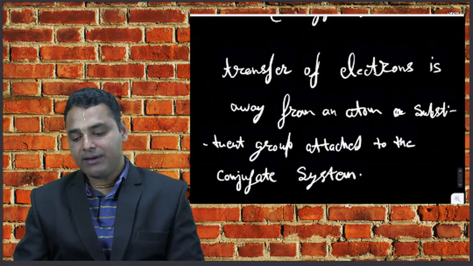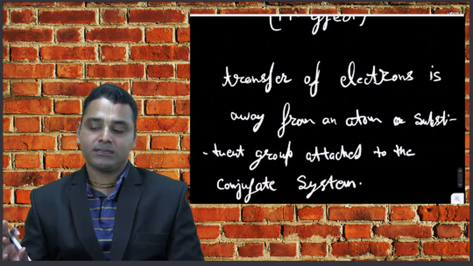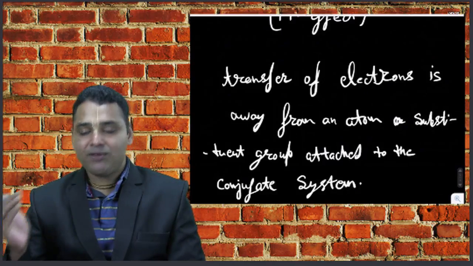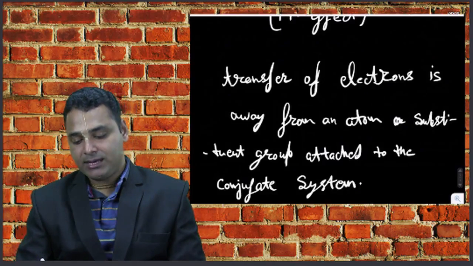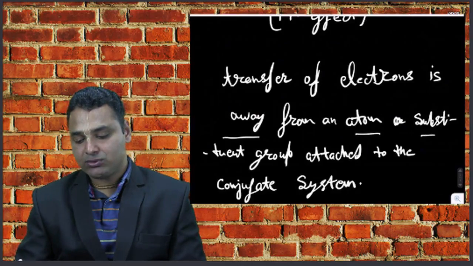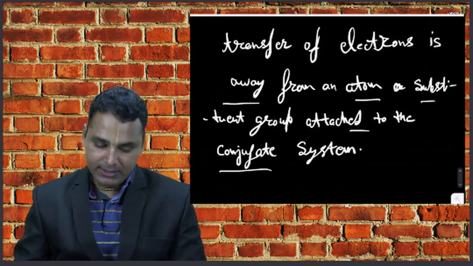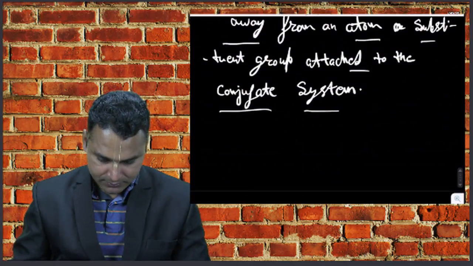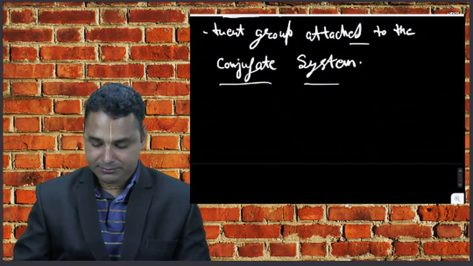So what is the plus R effect? The transfer of electrons is away from an atom or substituent group attached to the conjugated system. We'll see it with the help of aniline.